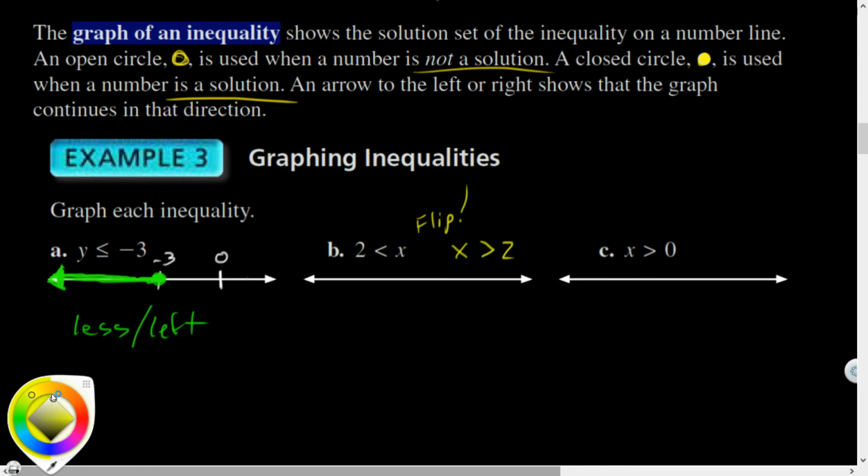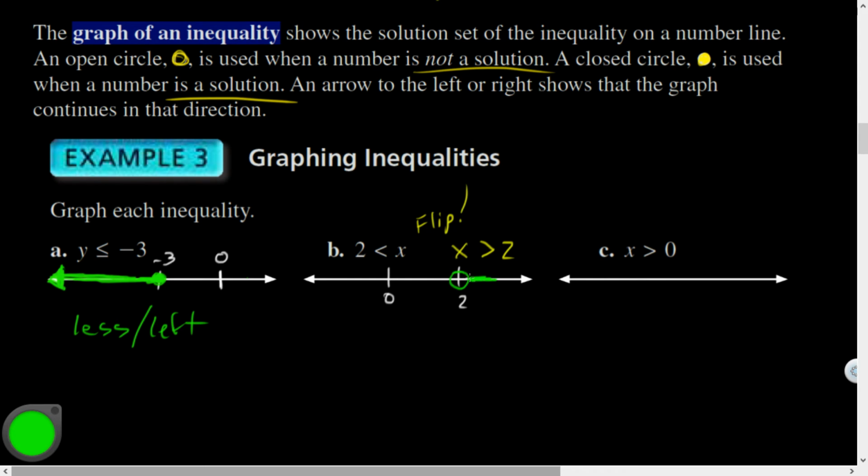Let's number line this. So I'll have 0, I'll have 2 like there maybe, and let's plot our point. Now, is 2 a solution of this? Is 2 bigger than itself? No. Don't worry. So I'm going to draw an open circle, and the solutions are everything bigger than 2.